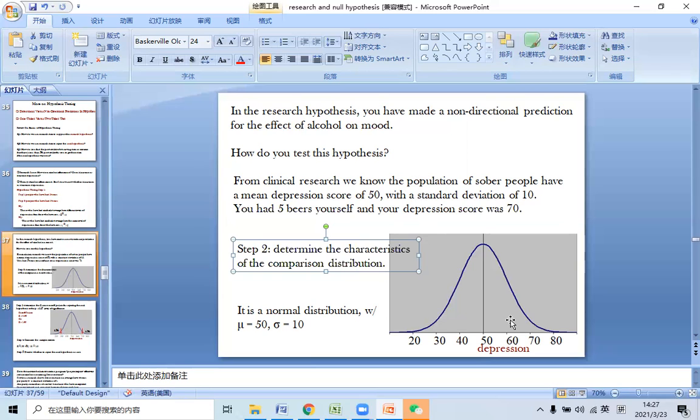According to the null hypothesis, your score will be randomly drawn from this particular population. Your score is one randomly taken from the population that have not had any alcohol. That's the null hypothesis. You're trying to reject this null hypothesis.